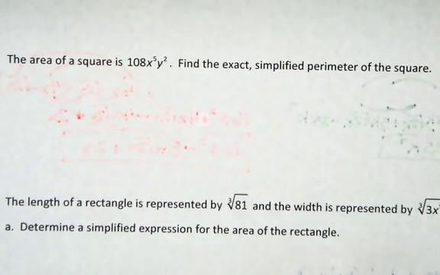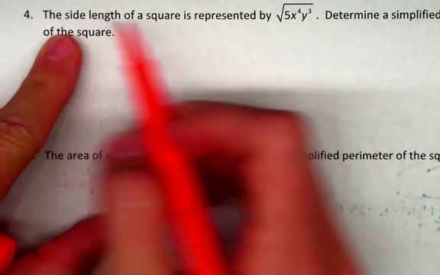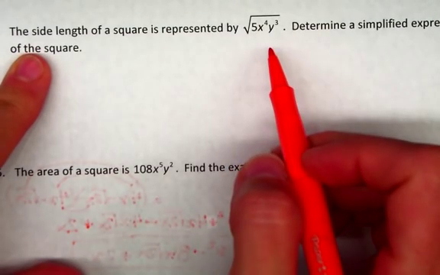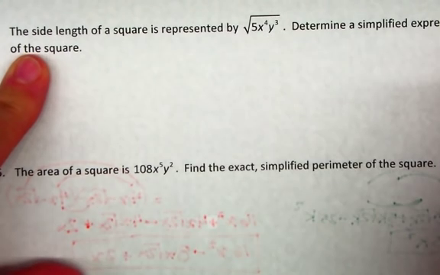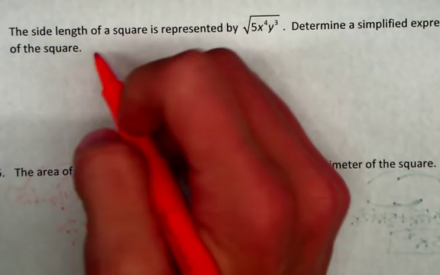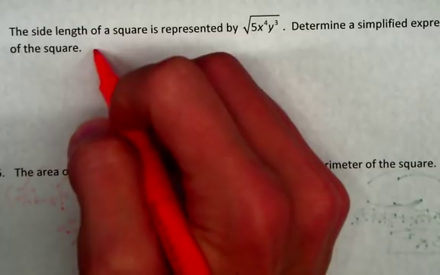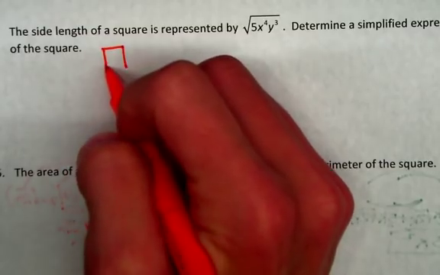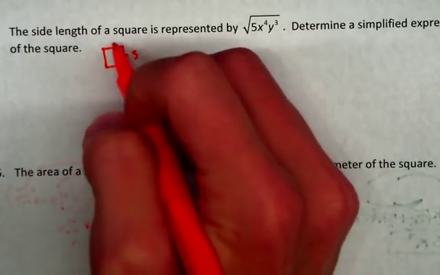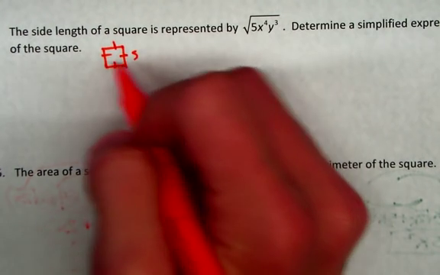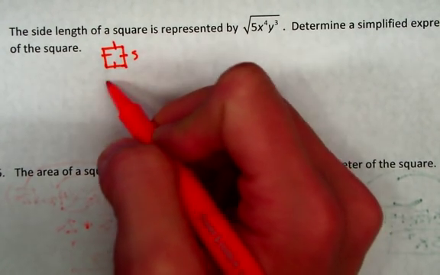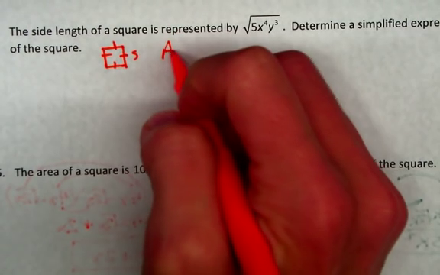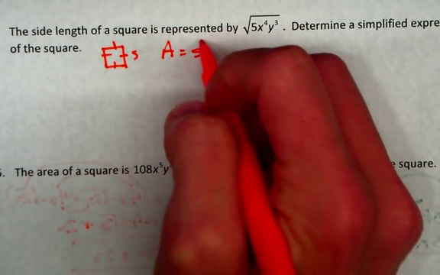All right, the side length of a square is represented by root 5x to the fourth y cubed. Determine an expression for the area of the square. So for a square, remember a square has all the same sides. So if you have one side, the area of a square is base times height or length times width, or it's also just side squared.